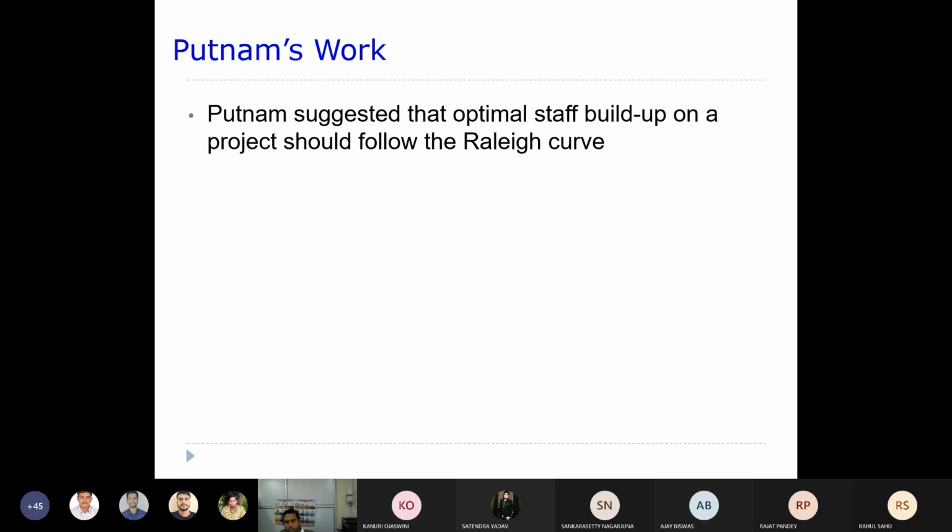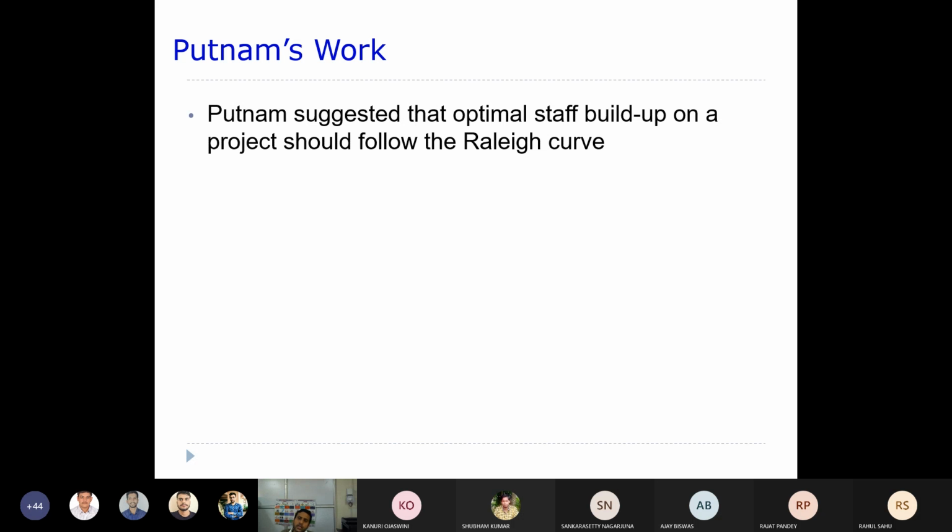Now, Putnam suggested that the optimal staff build-up on a project should follow the Rayleigh curve. According to Putnam, the build-up of the staff, that means the way that you recruit the staff, should follow a Rayleigh curve.